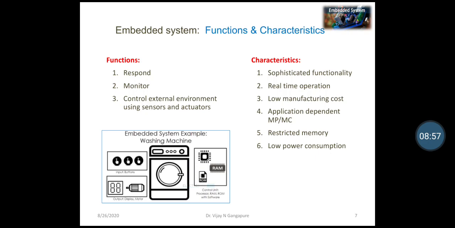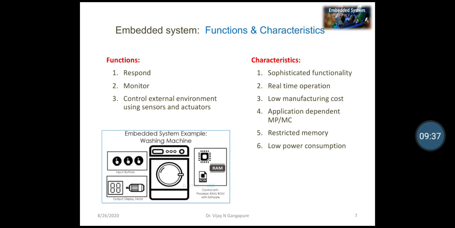Now what are the functions and characteristics of any embedded system? On the left hand side, the functions that an embedded system performs are listed. There are three functions performed by any embedded system. First, respond. Second, monitor. And third, control the external environment using sensors and actuators. Any embedded system will monitor certain parameters, and accordingly it will perform some operations, which is called a response.